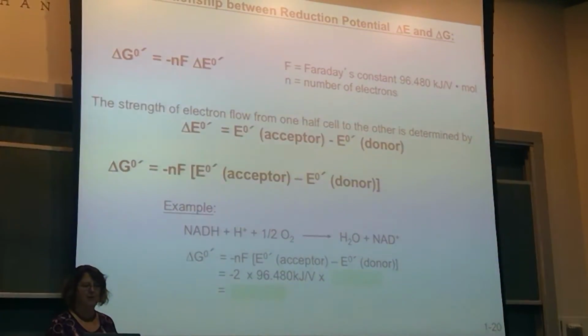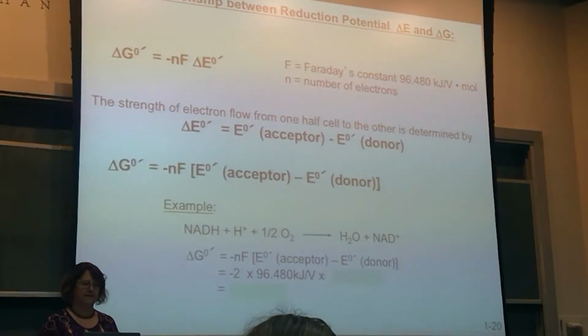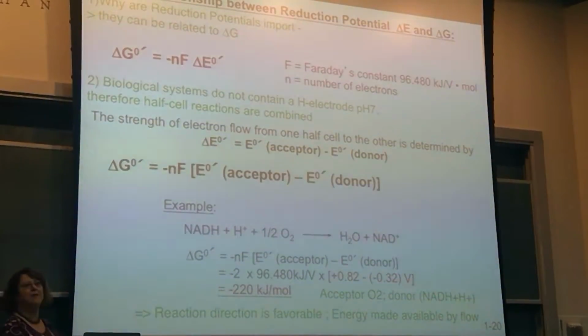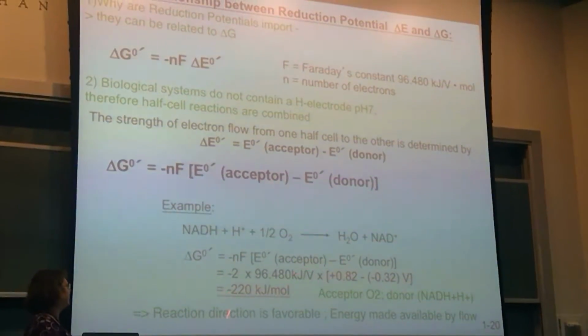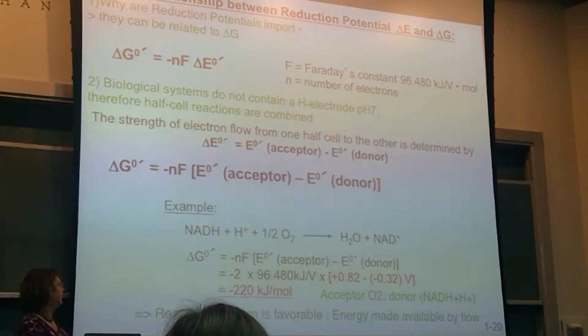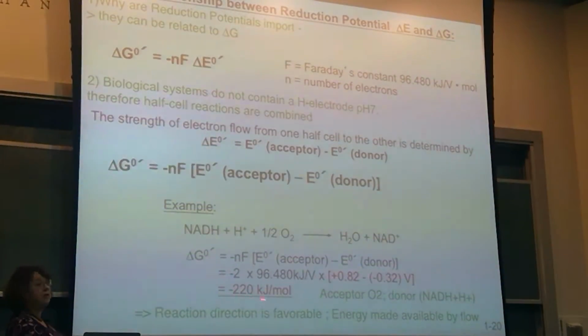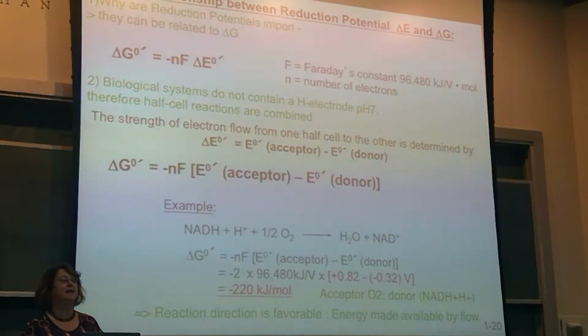So here we have the acceptor minus the donor, and then you just plug them in. You want to make sure you're in the right units, but the units are pretty consistent throughout. Kilojoules per mole is your final. So this reaction is favorable. It's a negative value. It's actually quite high, and you would expect energy to be made that's driven by electron flow.